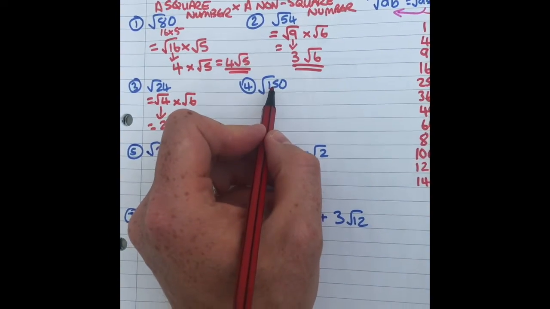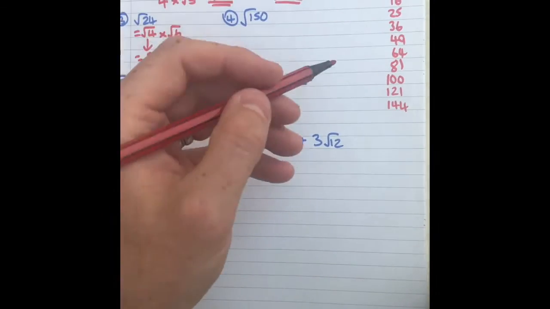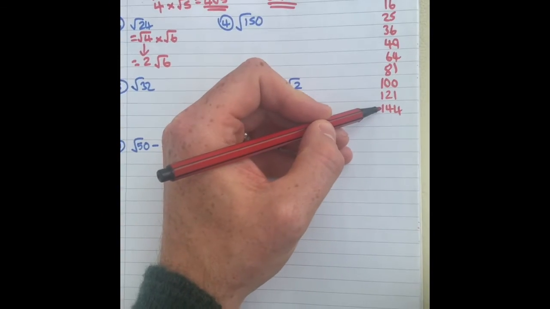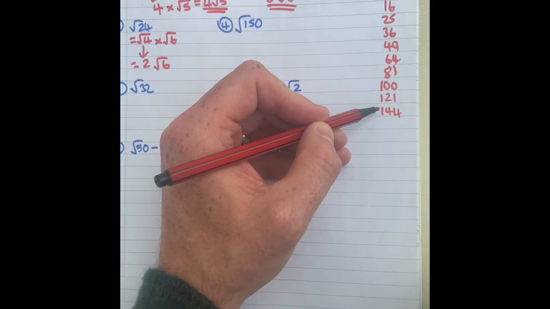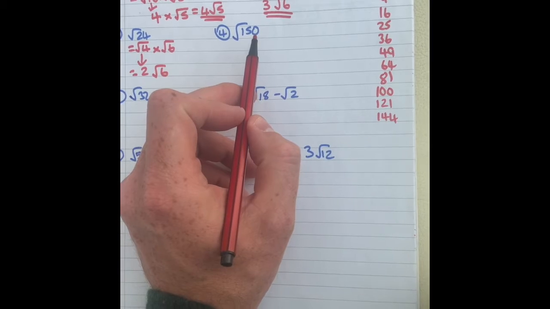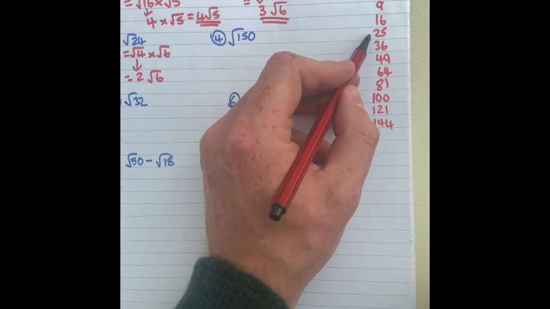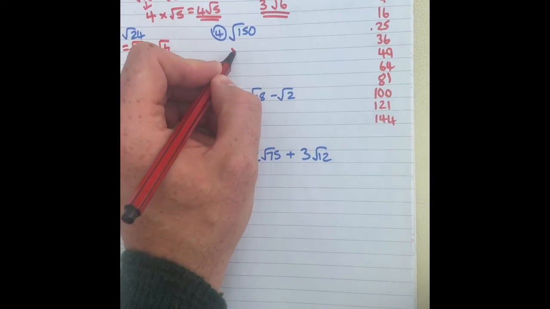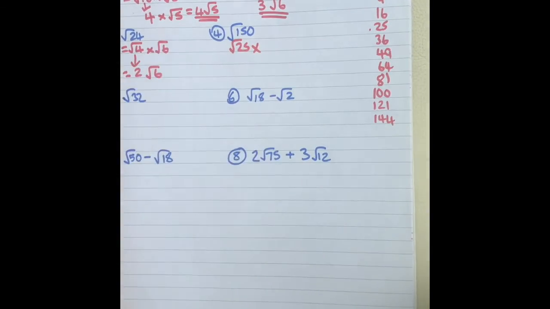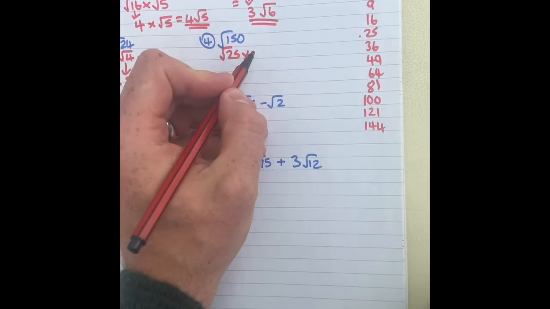Number 4, root 150. We'll start at 144. None of them go in. It's got to have a 5 or a 0 on the end. So we go down to 25. 25, 50, 75, 100, 125, 150, so 6.